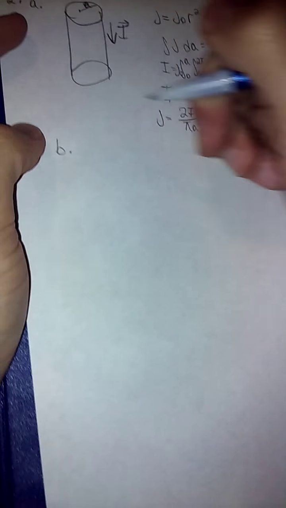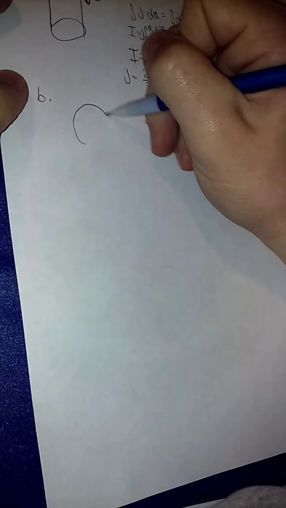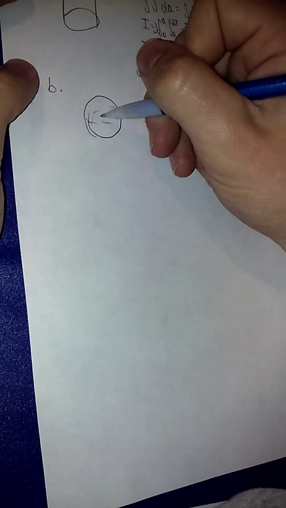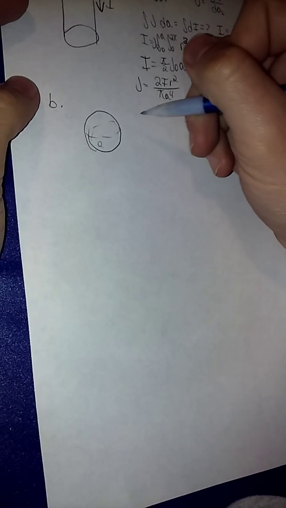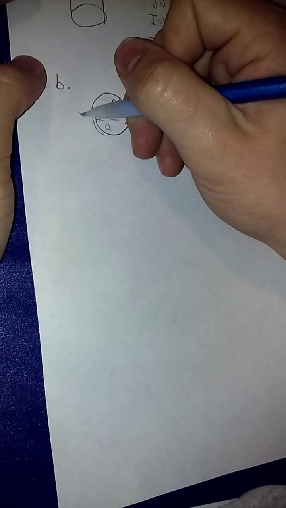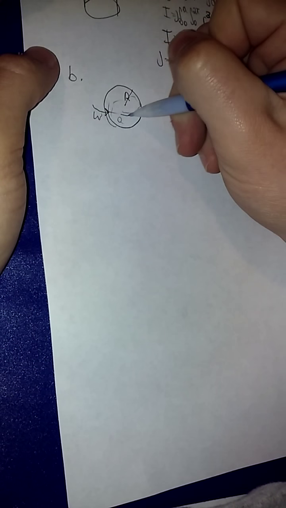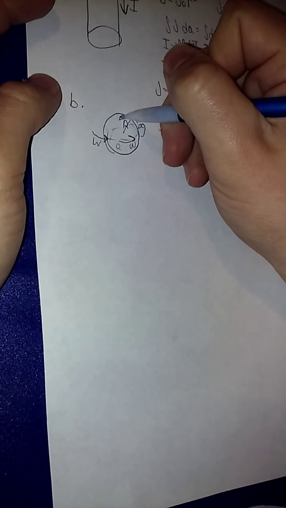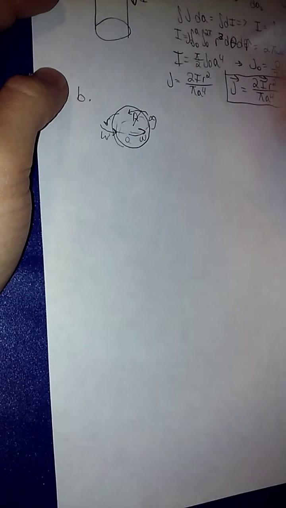Part B, we have a solid sphere that has a charge Q, radius big R, and it's spinning with angular velocity omega. All it says is it's rotating about the origin.